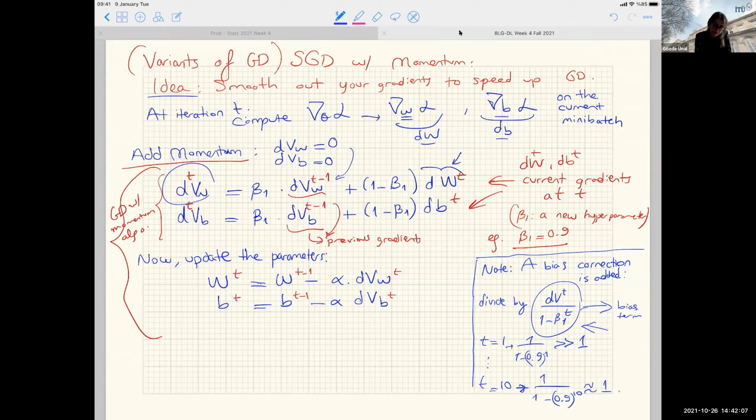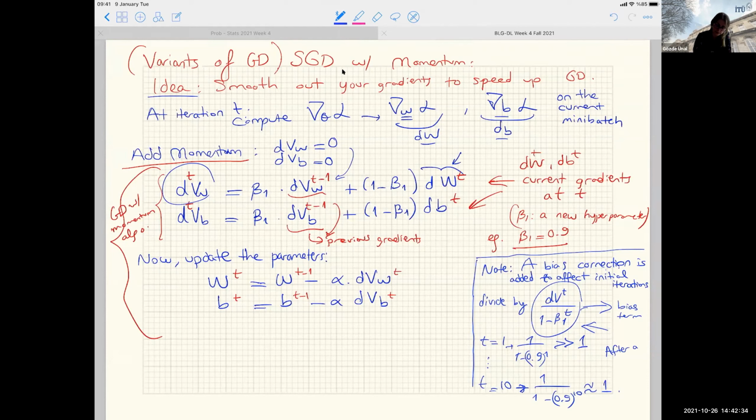This is just a bias correction for the first few iterations, added in a way to affect initial iterations. Okay, that's something you will see when you deal with this. And after a few iterations, it won't affect.